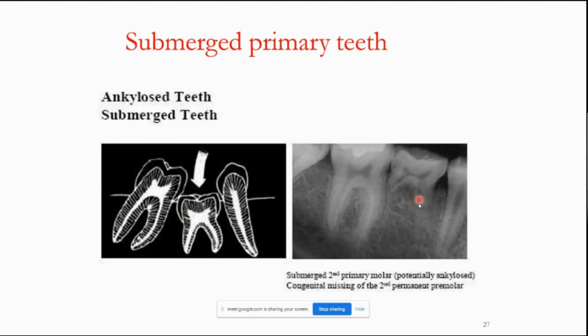So you can see how there is a complete fusion of the roots of this molar here, okay? The occlusal surface is lower than the level of its neighbors, and that's why it's called a submerged tooth, okay? So ankylosis has led to the submerging of this particular tooth.